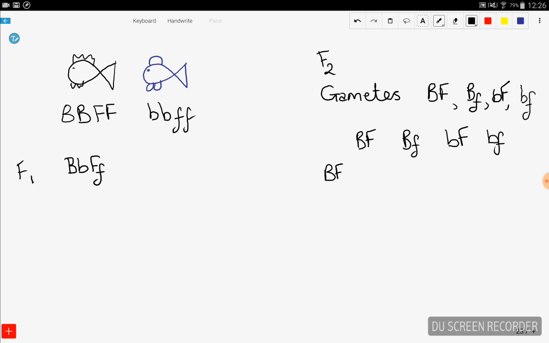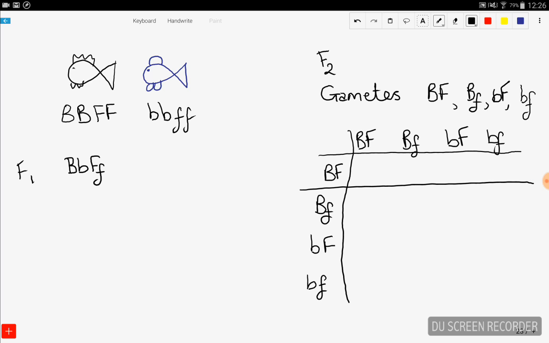It's not multiple alleles, it's not alleles for the same gene, it's 2 different genes we're looking at. So body and fin. They're both exactly the same, so it doesn't really matter which parent is which. You could be really specific and put which parent is which, so dad on the top and mum across the bottom.